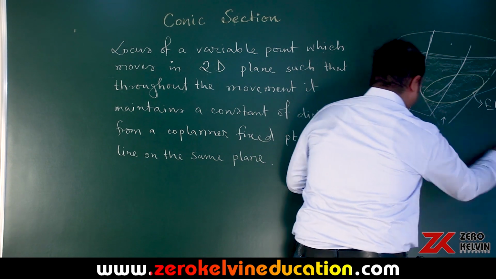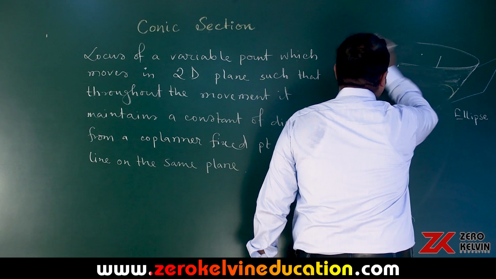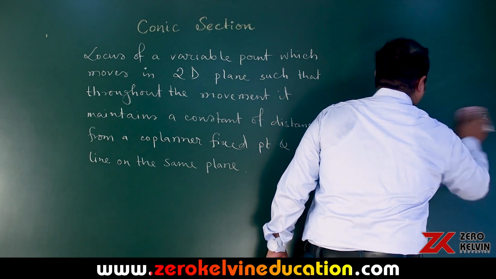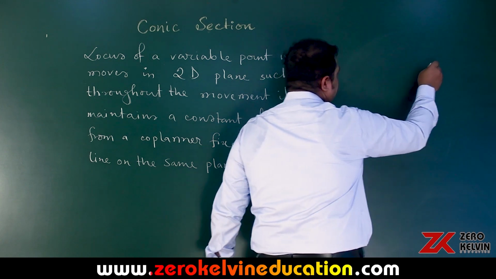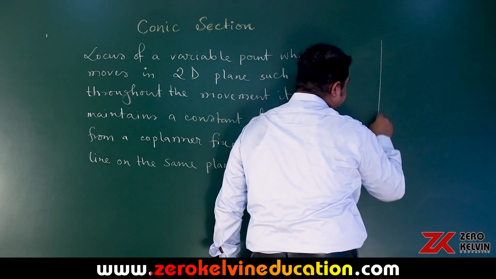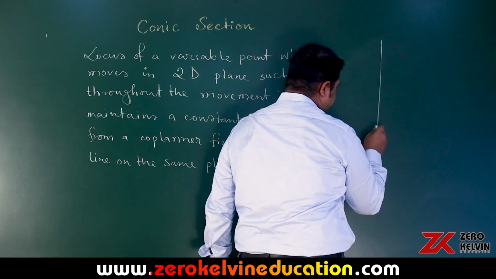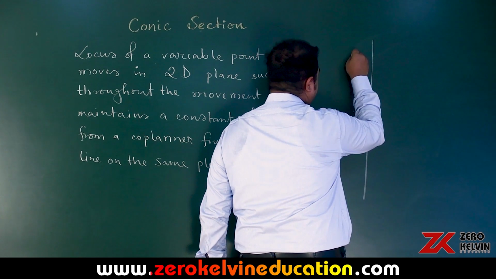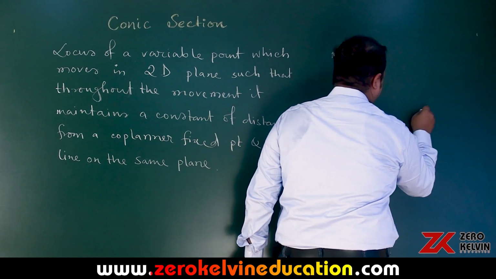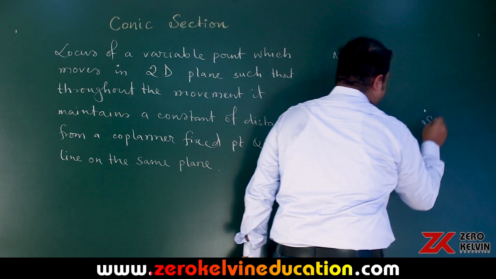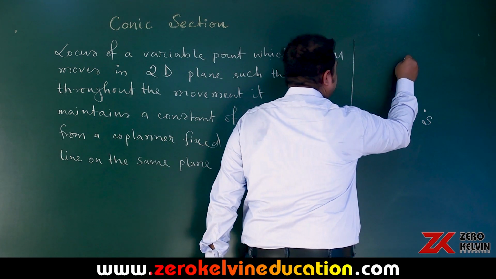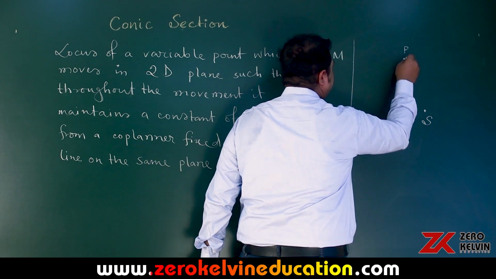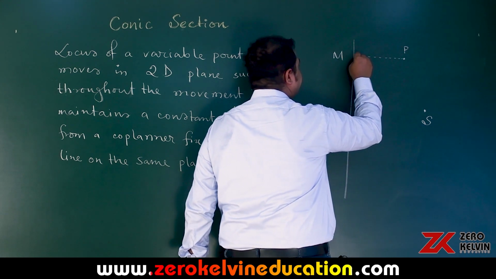Okay, so on that basis, if we try to describe it mathematically through the diagram, we can think of this as the fixed line, say it's been marked as ZM, and the fixed point of reference is S. So, our point varies such that P is that variable point moving in this plane.